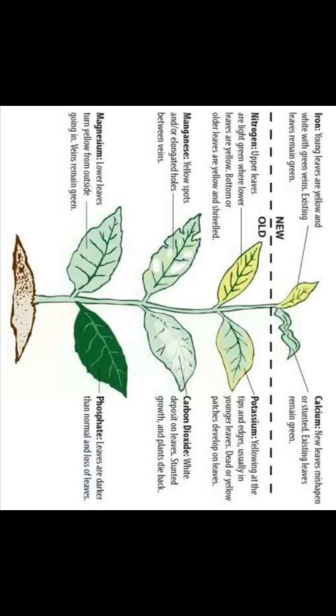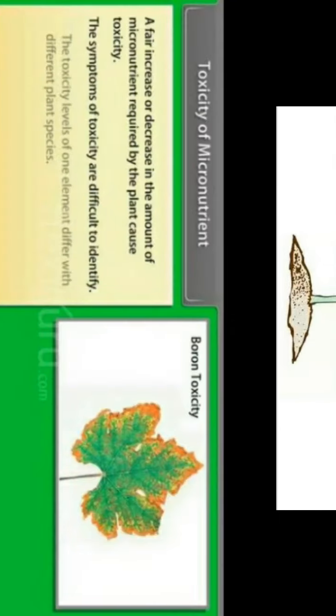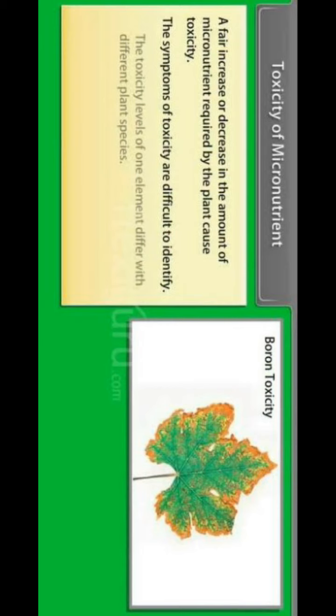So therefore, to identify the deficient element, one has to study all the symptoms developed in all the various parts of the plant and compare them with the available standard tables. We must also be aware that different plants also respond differently to deficiency of the same element.